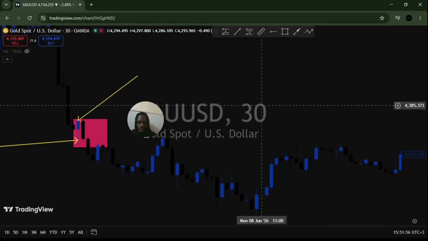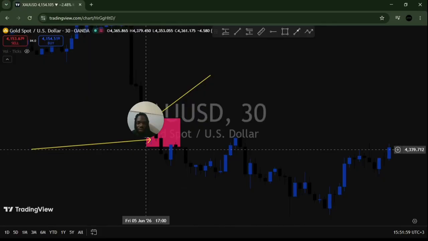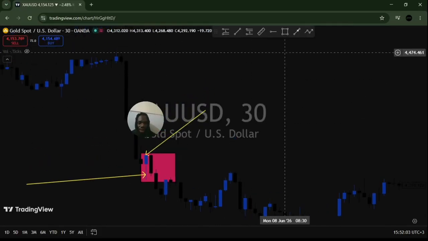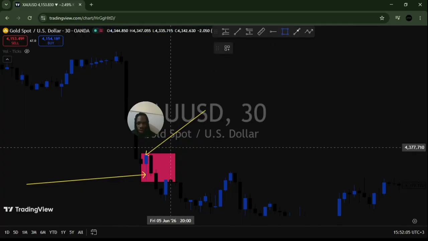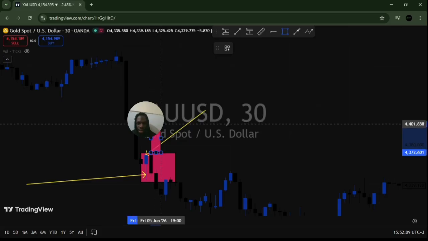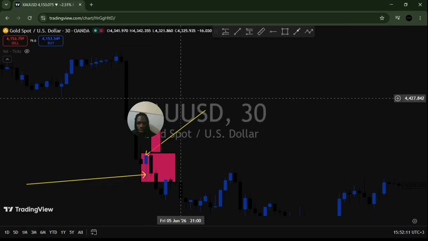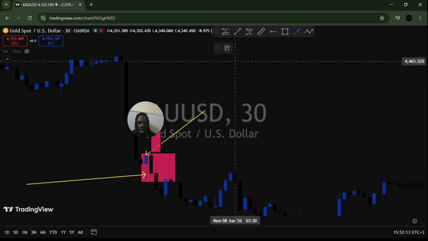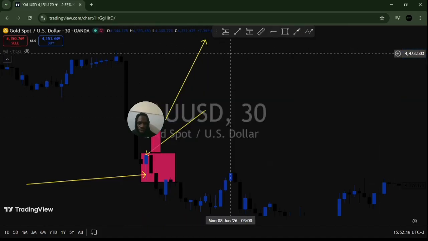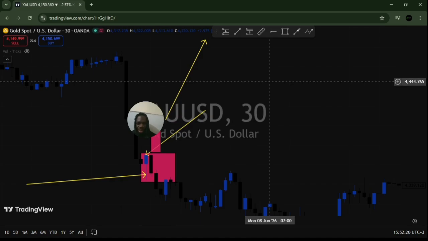Okay, so if this candle had finished its business, we could see another candle shooting up very fast like this. But since the candle had unfinished business, yes, they had to fill the wick.